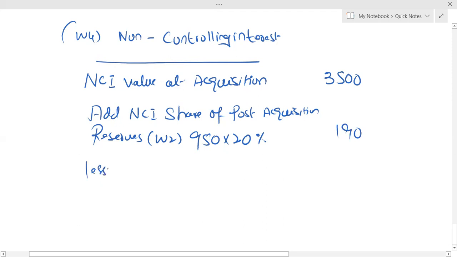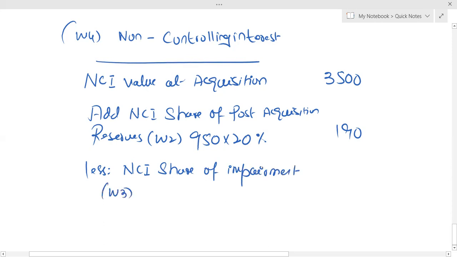Less NCI share of impairment loss, because NCI is capped at fair value. If we keep the NCI at proportionate share of net assets, then whatever impairment loss comes only belongs to parent, and we never give any impairment share to NCI. Right now, we will give 20% of the impairment loss to NCI because NCI is at fair value. Less NCI share of impairment.